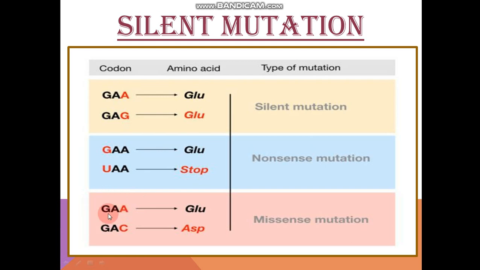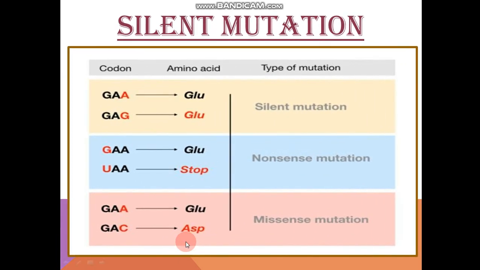When guanine, adenine and adenine are present in this sequence, they will code for the amino acid GLU, that is glutamic acid. Okay, but if adenine is replaced by a cytosine, then the sequence will change to GAC, and now it will start coding for asparagine. So this is an altogether new amino acid which was not actually programmed. So this kind of mutation is called missense.